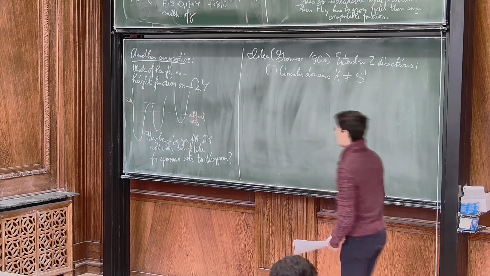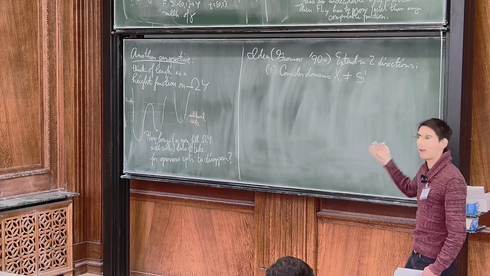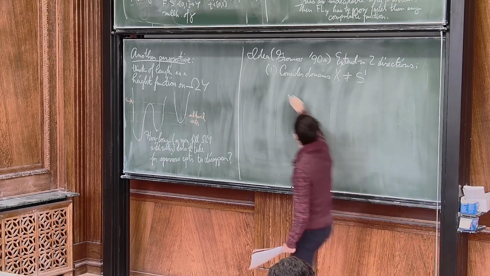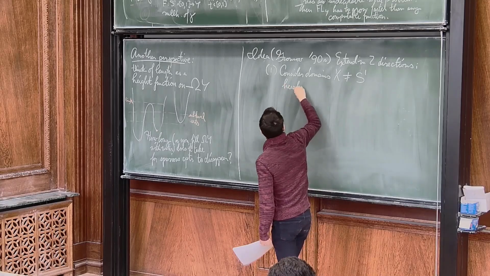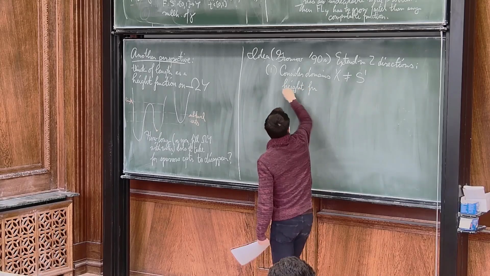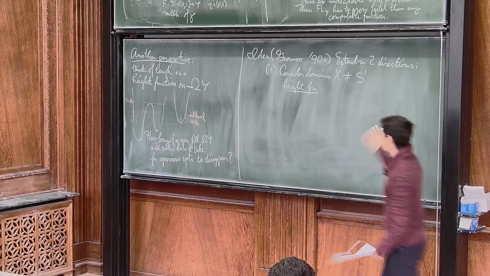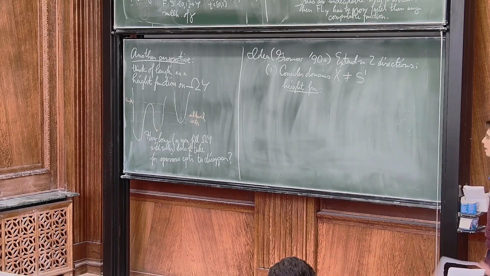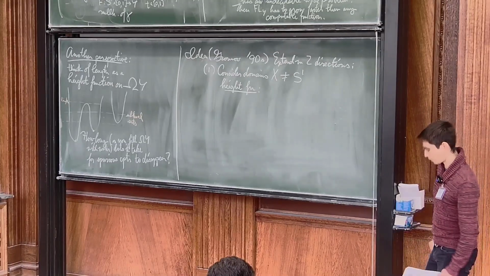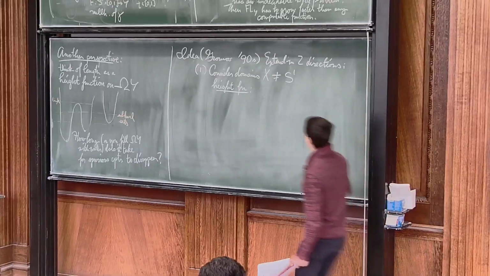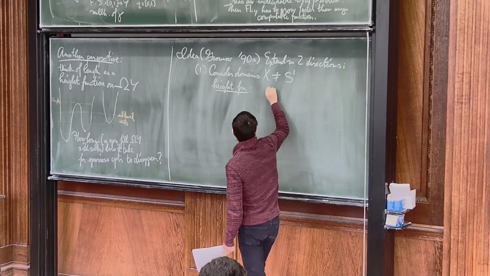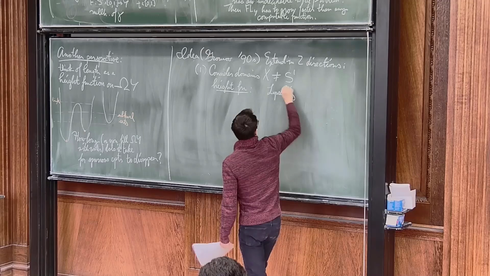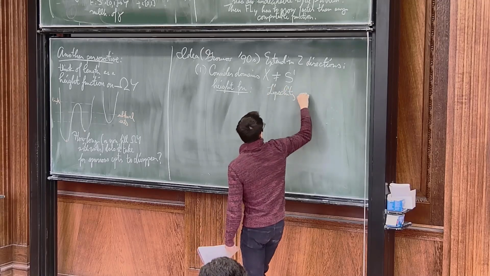Then I have to tell you what the right height function is. You could choose various things. You could choose Dirichlet energy, for example, and that would produce a different theory. For me, this is always going to be the Lipschitz constant.